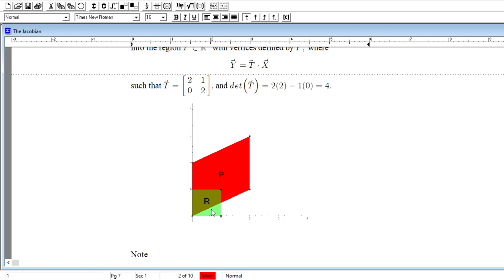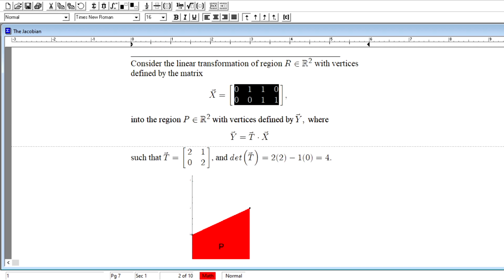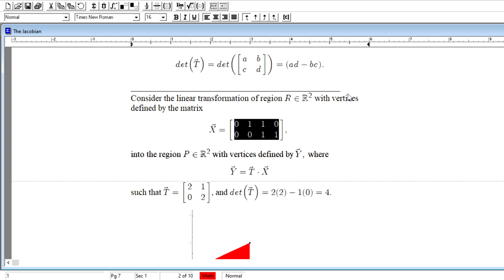And what we're going to do is a linear transformation on all of the points in this region R to produce this region here in two-dimensional space that's going to be defined as region P. We're going to perform a linear transformation on all the points in R to make all the points in P, where the boundaries at 0, 0, 1, 0, 1, 1, and 0, 1 defining R will also have their corresponding boundaries in P. We're going to highlight how these boundaries are changing to help us understand how R is changing into P. This is walking us through the matrix algebra occurring in one of these transformations.